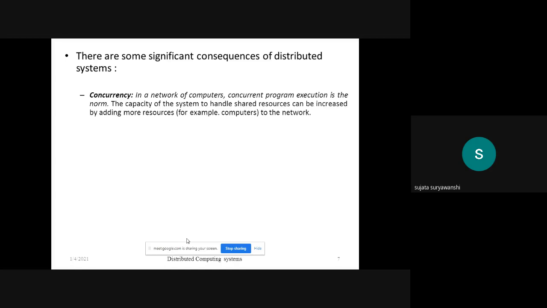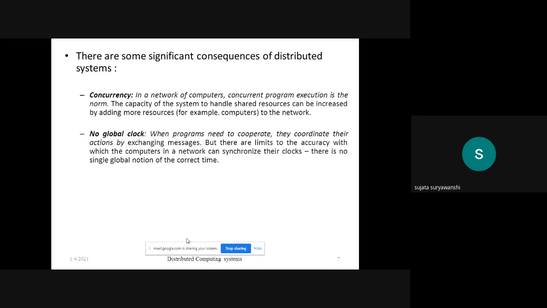The capacity of the system to handle shared resources can be increased by adding more. As per our previous example, when you increase the number of chefs, the capacity of the restaurant will increase, meaning it can handle more orders simultaneously. That is known as concurrency. So in this case, when you expand your network, we need to add more computers to the network to increase its capacity.